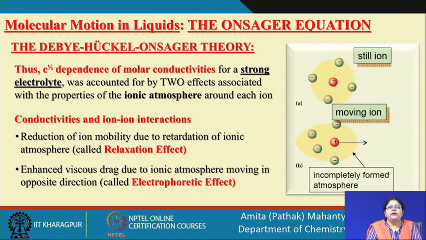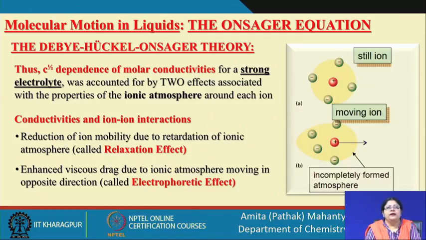What are we trying to explain? We are trying to explain the dependence of the molar conductivity on the square root of the molar concentration of a strong electrolyte. The two effects associated with the ionic atmosphere tend to reduce the mobilities of the ions, and hence the conductivities.